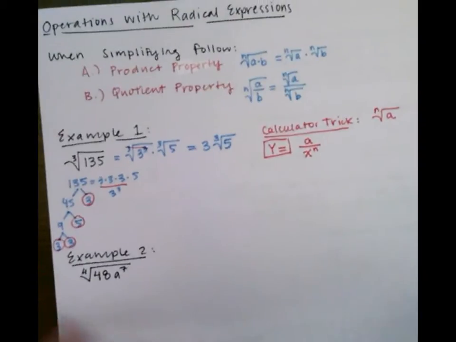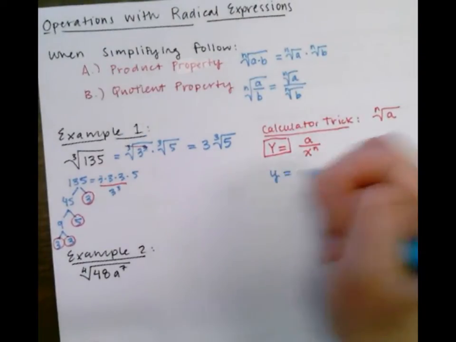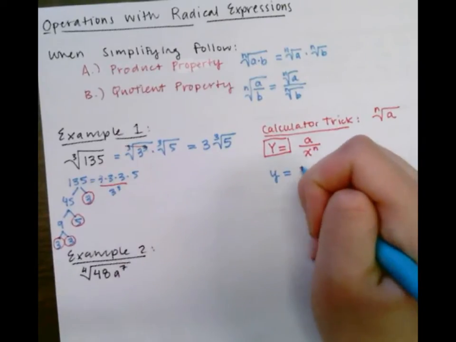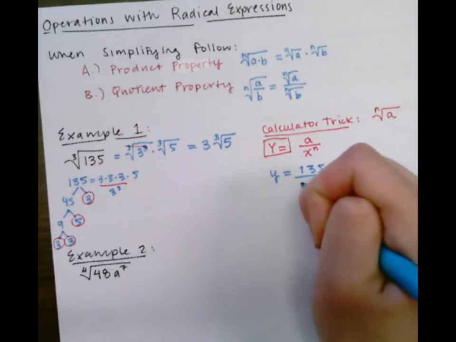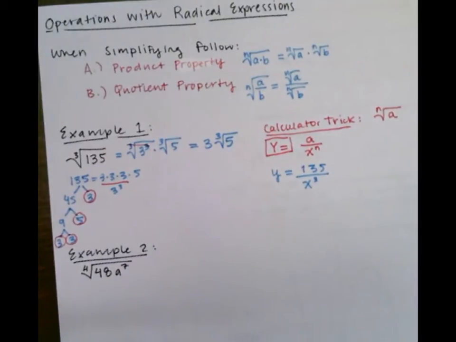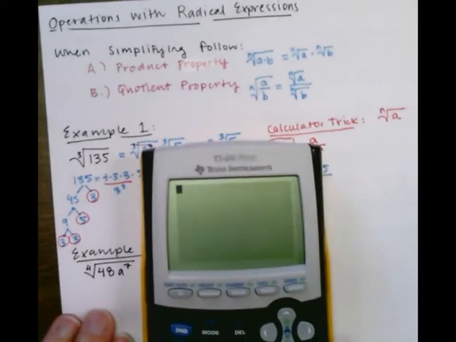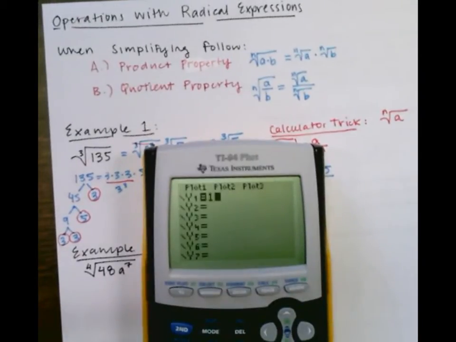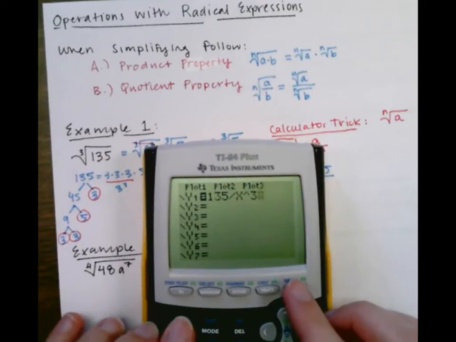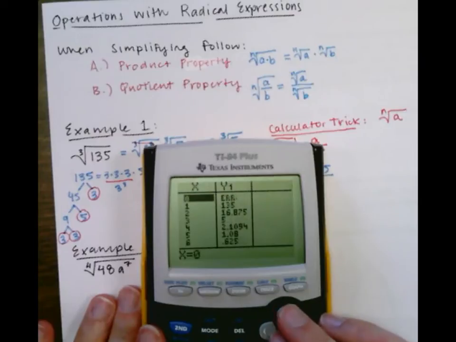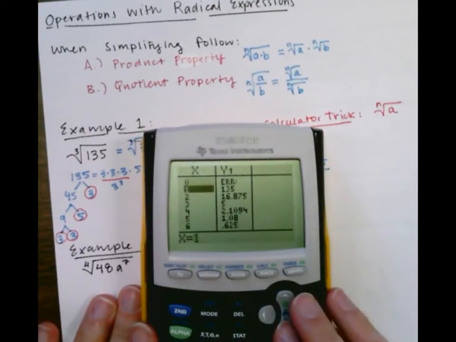In this example, I would do y equals, with a in this case being 135, divided by x to the third, because it's the third root. If I pull up my calculator and type in 135 divided by x to the third, then in my table of values I'm looking for whole numbers in both the x and the y.